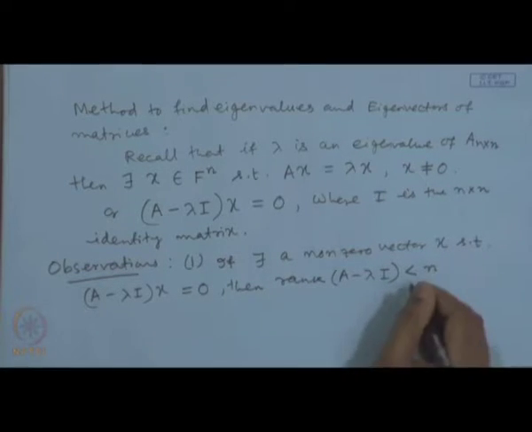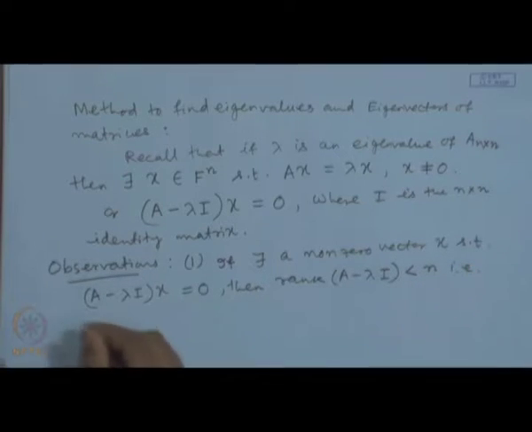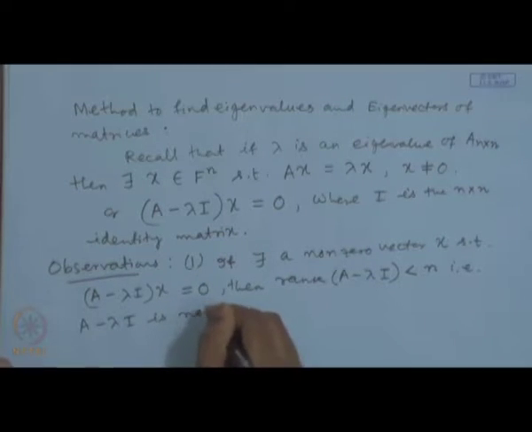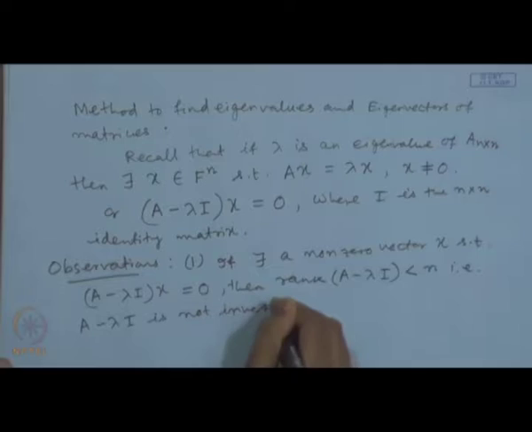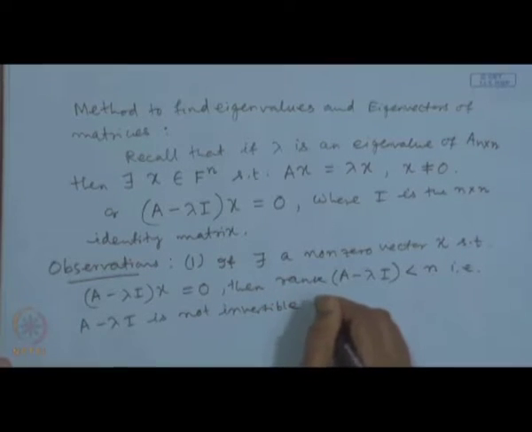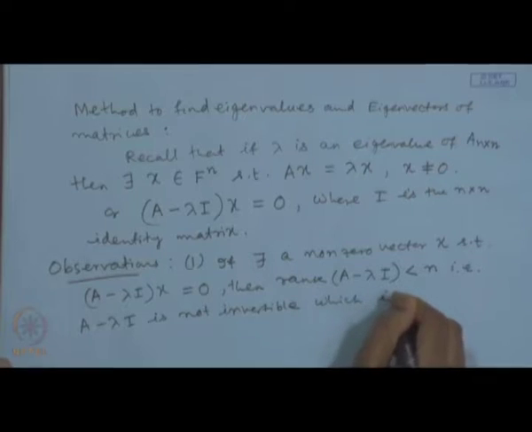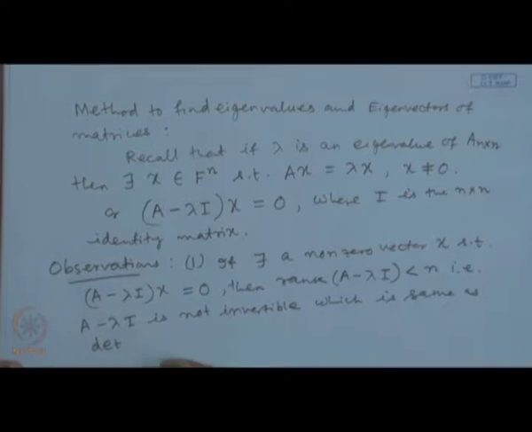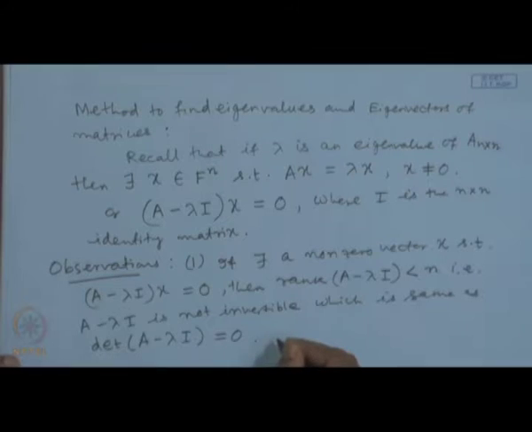In other words, A minus lambda I is not invertible, which is the same as the determinant of A minus lambda I being equal to 0. So, from this equation we find all eigenvalues of the matrix A.